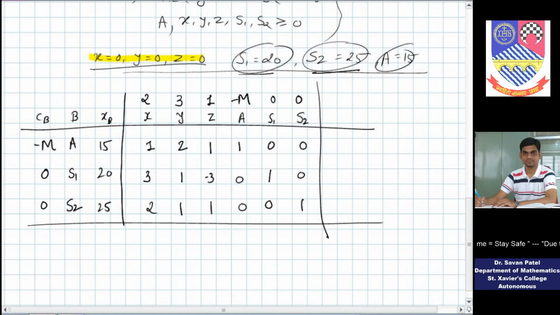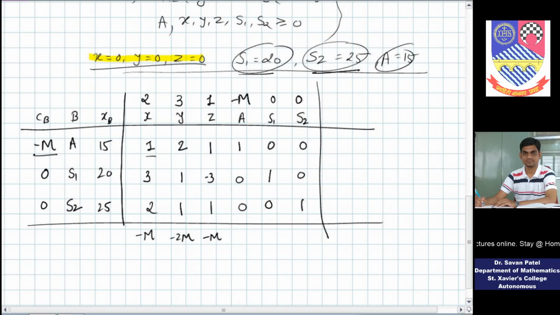So as we were used to evaluate Cj minus Zj, we start with that itself. So to evaluate Zj, first of all, multiply minus m with 1, so minus m. Then multiply minus m with 2, so minus 2m. Then multiply minus m with 1, so minus m.